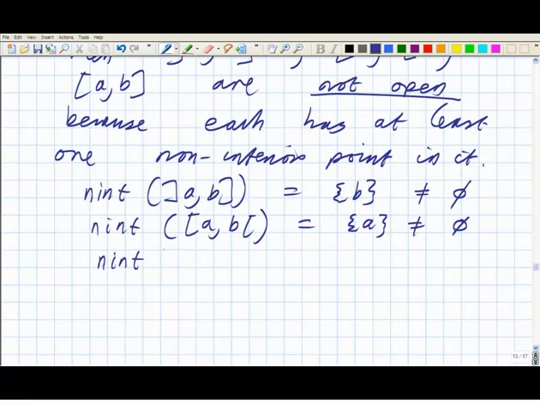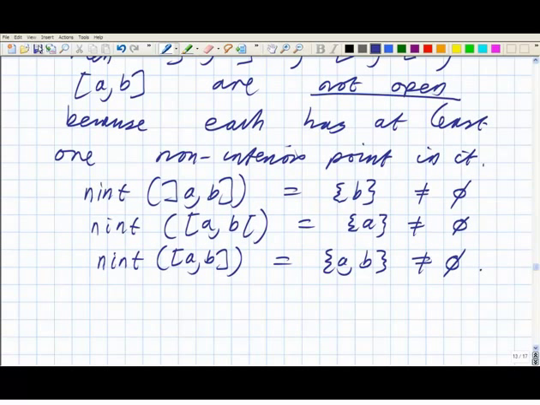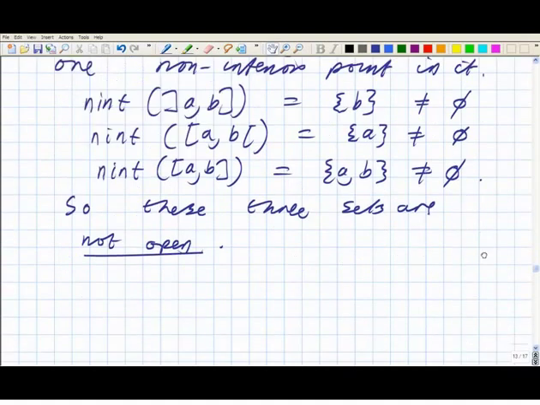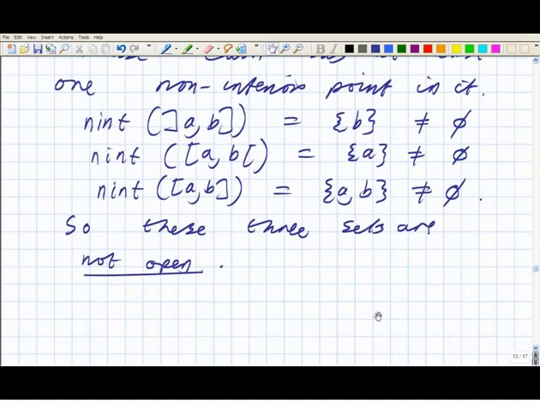And the interior of the closed interval has got both endpoints in it. So none of these three sets are open. So, to be very careful, these three sets are not open, which I actually said already.